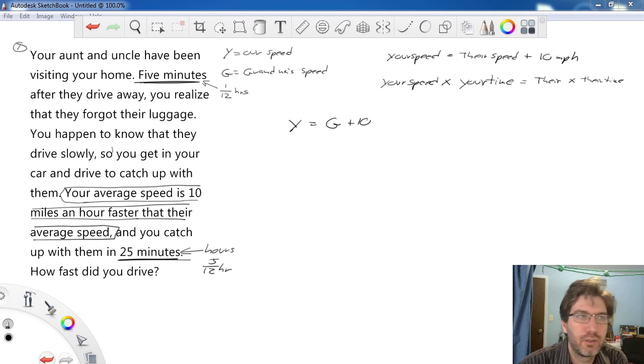Next we need this one, which is your speed, y, times your time, which is 25 minutes. We know that one. That's what I was looking for. We know that your time is 5/12, and we actually know their time too, at 5 minutes after.